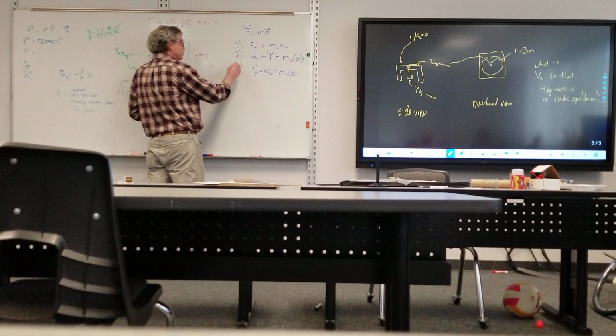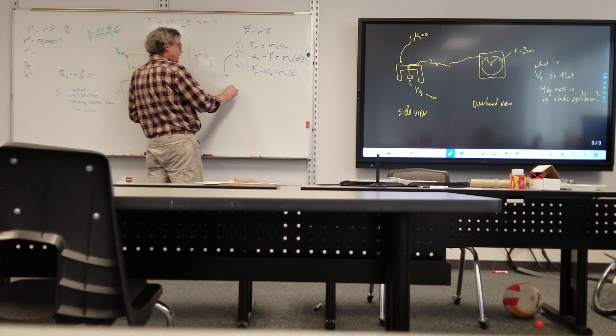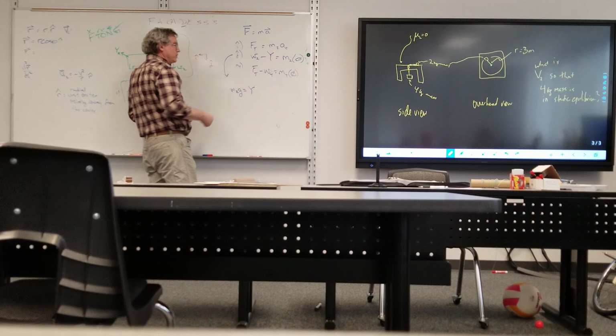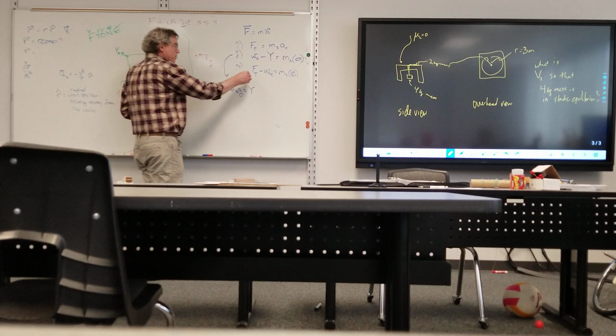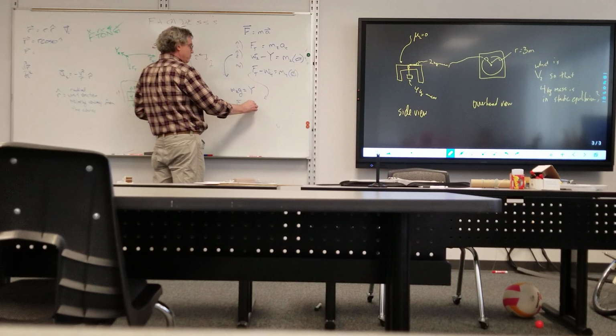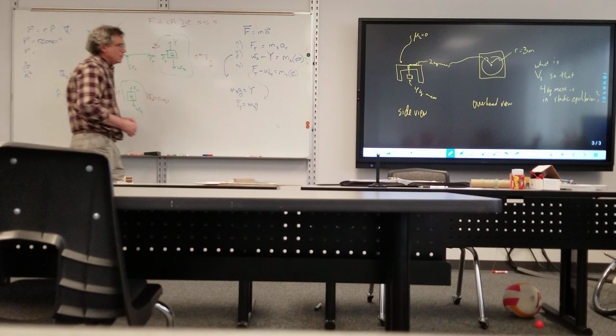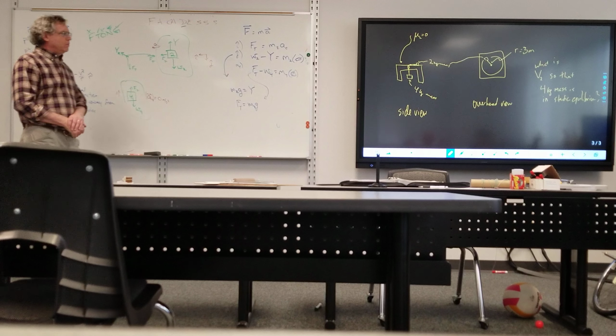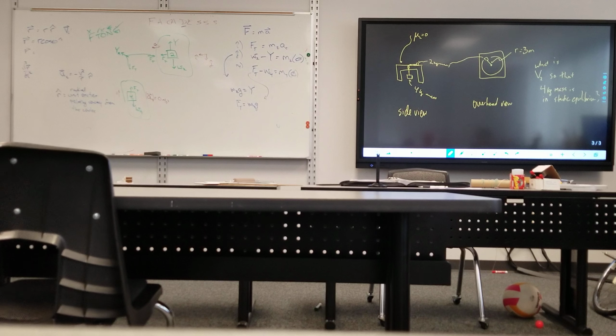All right, so this equation right here now becomes M2G equals Y. Go ahead and throw that to the other side. And this equation right here is tension is equal to M4G. What other formula do we have that's independent of this problem?